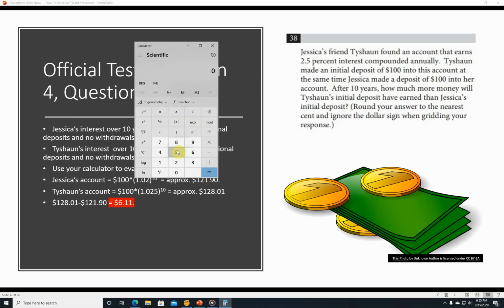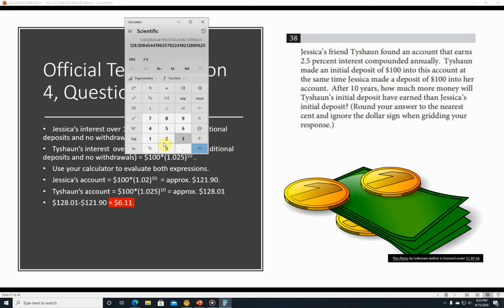And let's clear that. And the other one is going to be 1.025. And then we're going to take that to the 10th. So that's 1.28 times 100, so that's roughly $128, or $128.01, and then minus 121.90, so we get 6.1084.